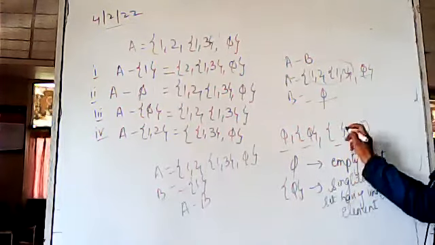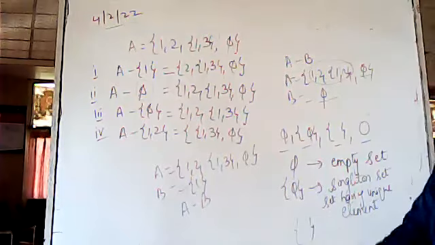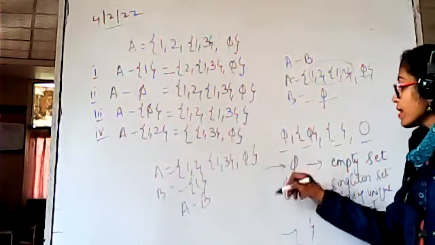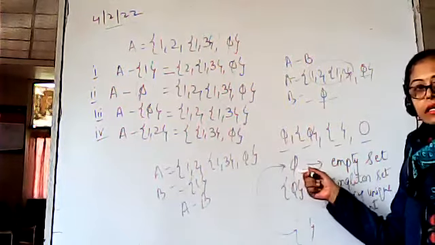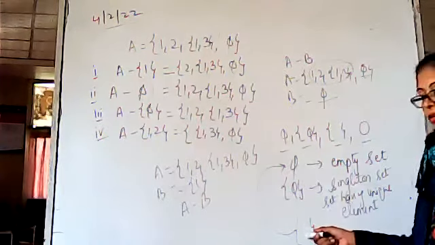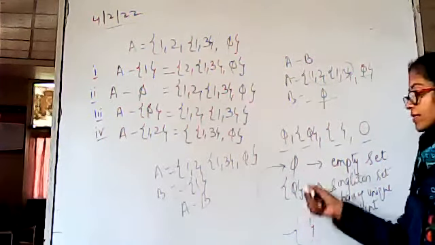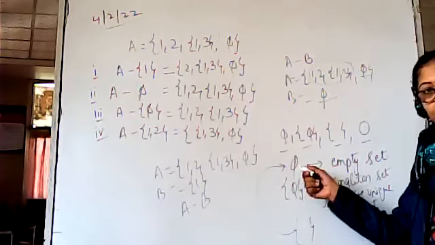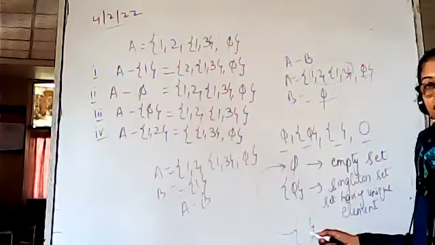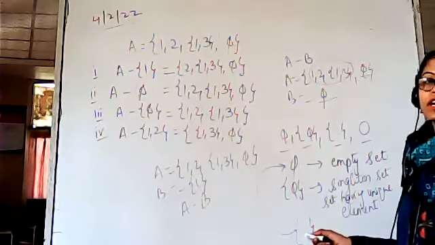ठीक है. After that, this and this is same. Set में either you write like this or you write like this. This is one and the same thing. अकेला phi लिख दो, या you can write only curly brackets. This is one and the same thing.